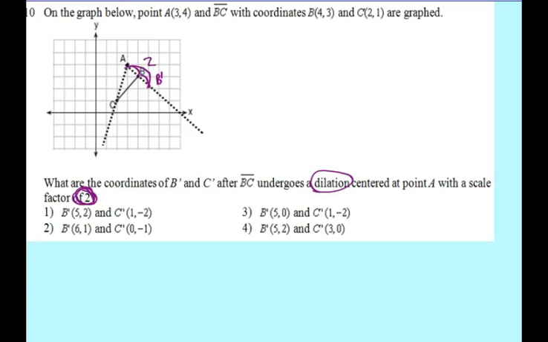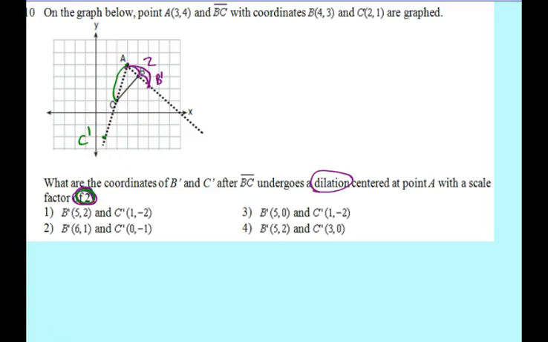Okay, to get from point A to C, I had to drop 3 and move to the left. That is my single betweenness. And from A to C prime, I will have to apply the same betweenness 2 times because of the factor of dilation. So once, and then drop 3 and move over 1. Here is my C prime.